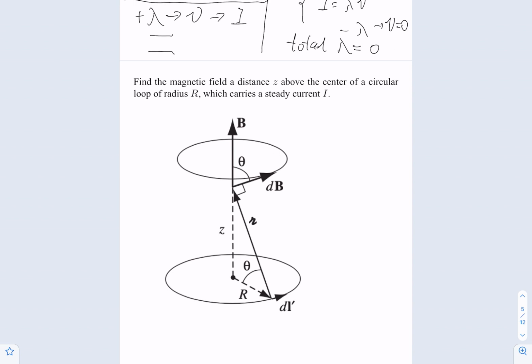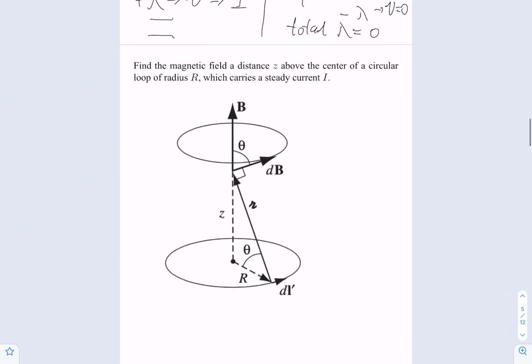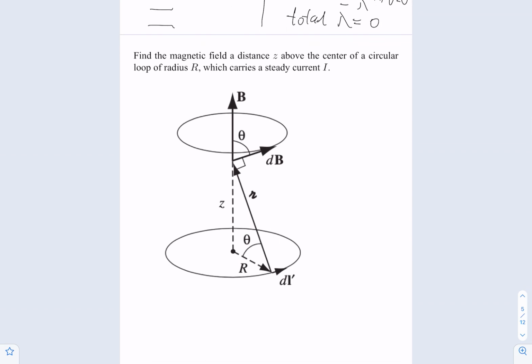However, this radial magnetic field actually cancels out because we are looking at a perfectly symmetric case. So what's left over is only the projection along the z-axis. What we are interested in here is only the magnetic field along the z-axis. For all the other axes, the magnetic field should be 0.